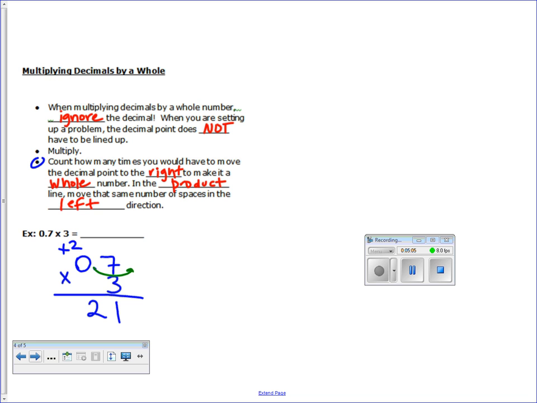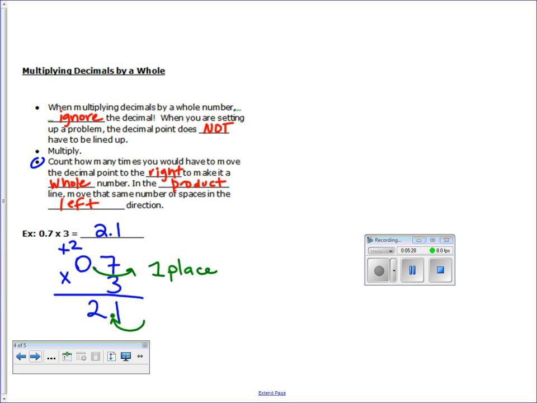So here I move my decimal over one place to make it a whole number. So starting in my product line, I'm going to start in the back and then move it forward, or to the left, one place. So then my answer is 2 and 1/10.